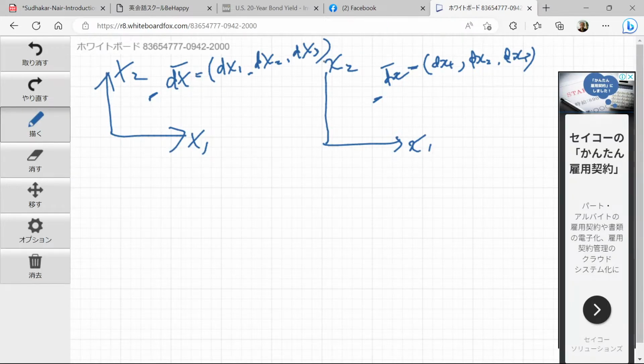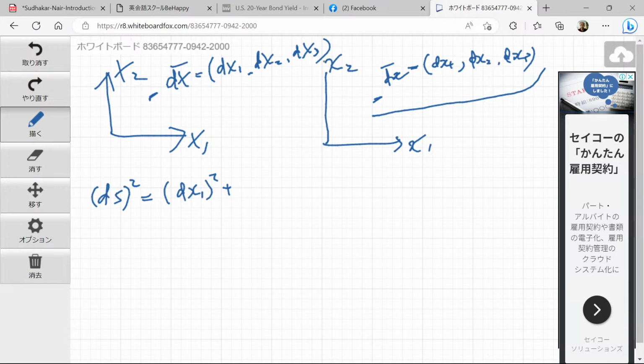So we consider this one, ds. ds square is simple, right? dx1 square, dx2 square, and dx3 square, right?